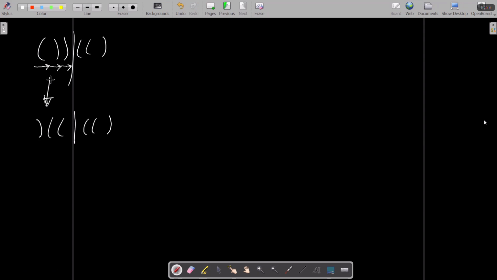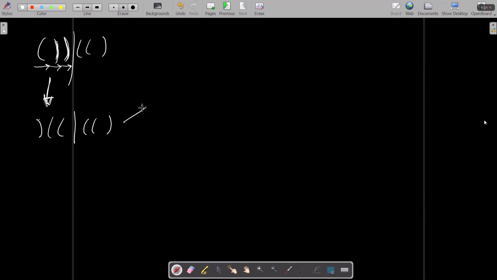So why this is invalid is that if we have k open brackets, we will have k plus 1 close brackets in a situation like that. Okay. So if we flip that, we will have 2 open brackets and 1 close bracket.